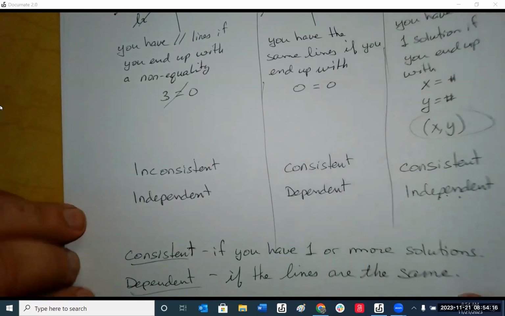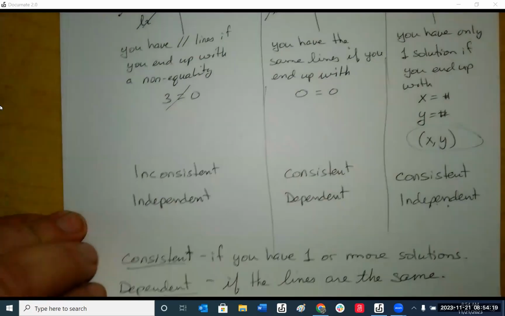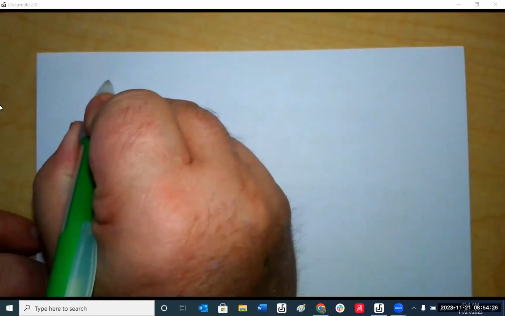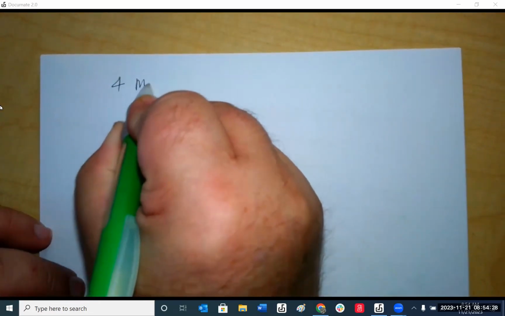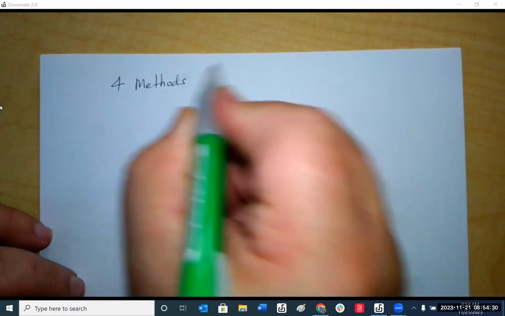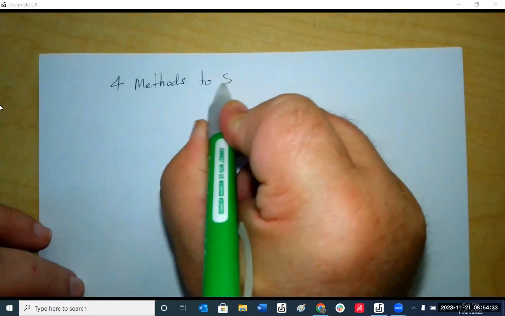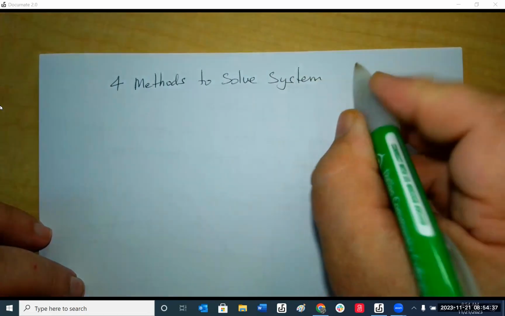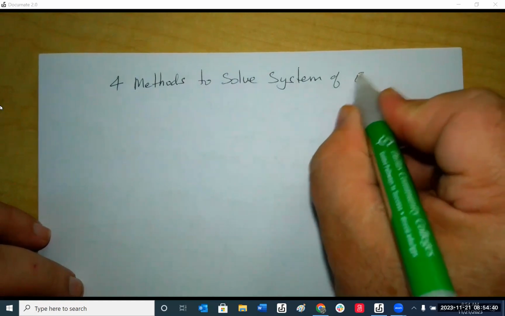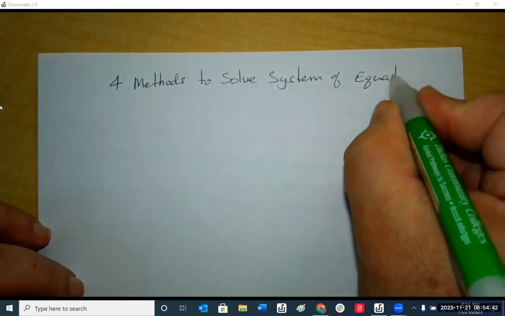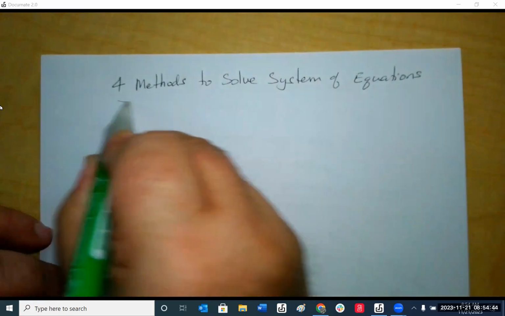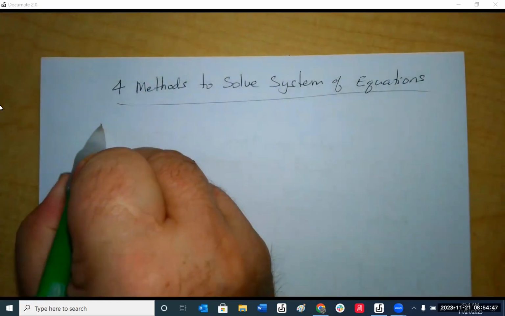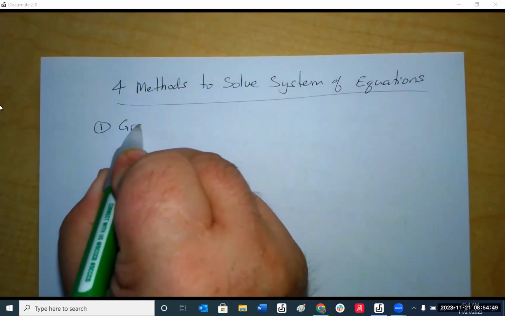Right. So let's look at all these examples now. What we're going to do here, we have four methods to solve a system of equations. The first is graphing.